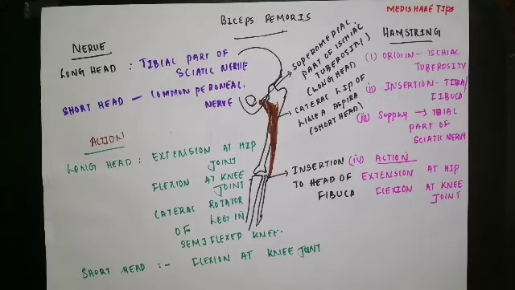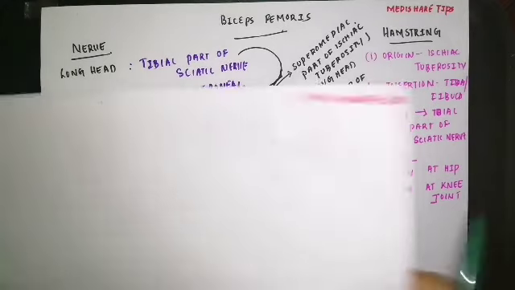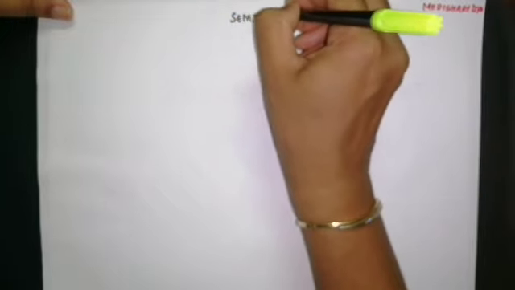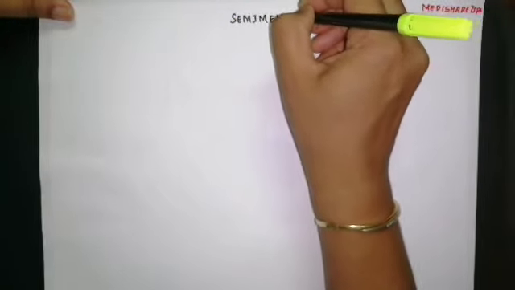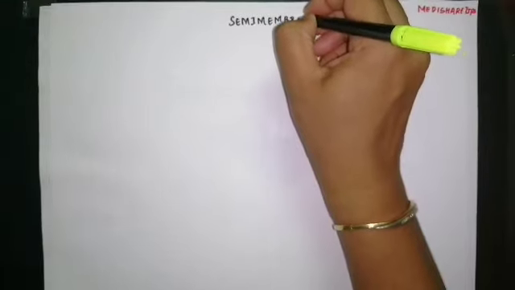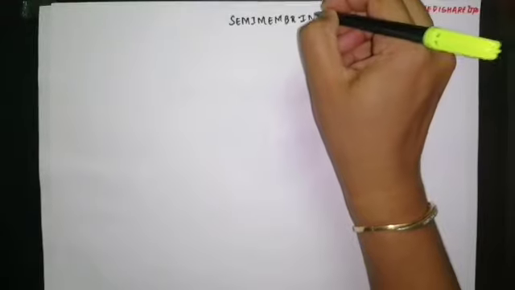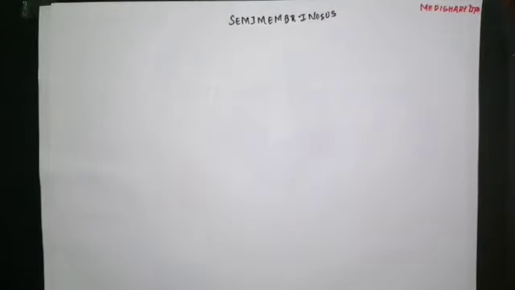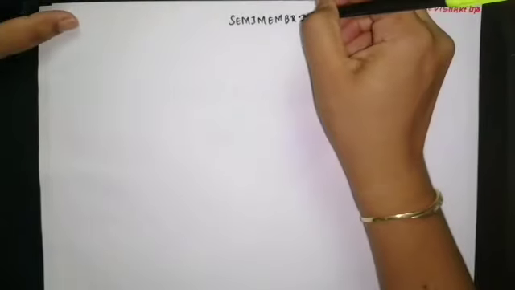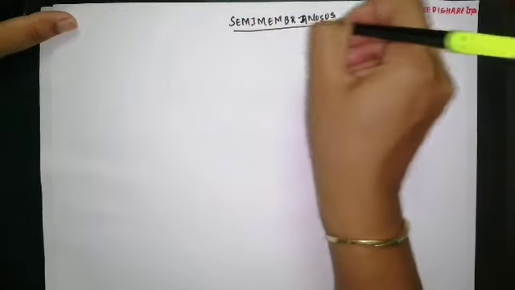Now we'll discuss the other muscles, that is, which is the other muscle of the posterior compartment of the thigh, that is the semimembranosus muscle.